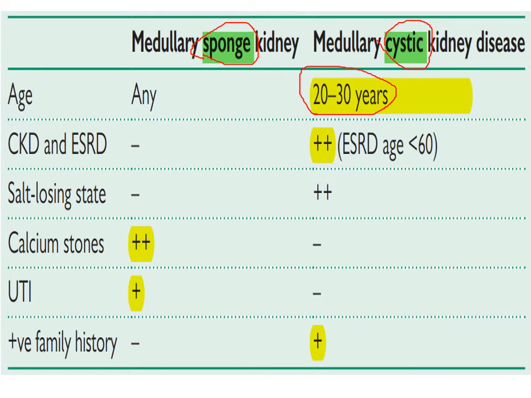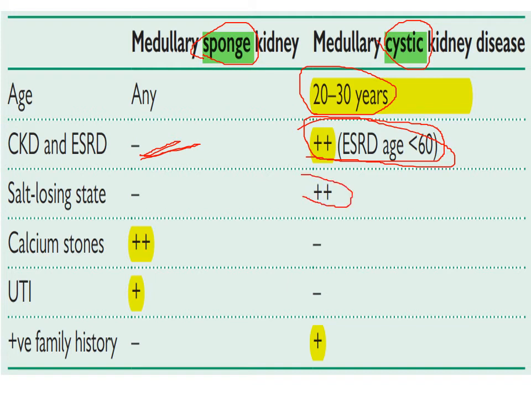The CKD or end-stage renal disease is usually between the 5th and 7th decade, and CKD or end-stage renal disease can occur with medullary cystic, but it usually doesn't occur with medullary sponge. Again, don't forget that medullary sponge is benign, but medullary cystic can lead to end-stage kidney disease.